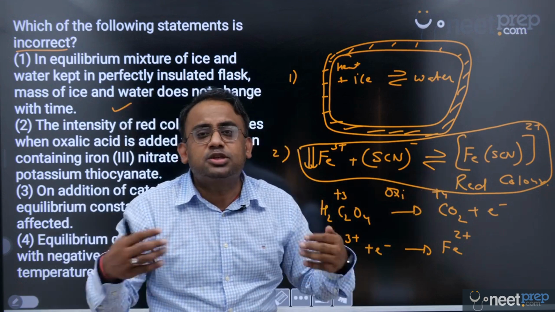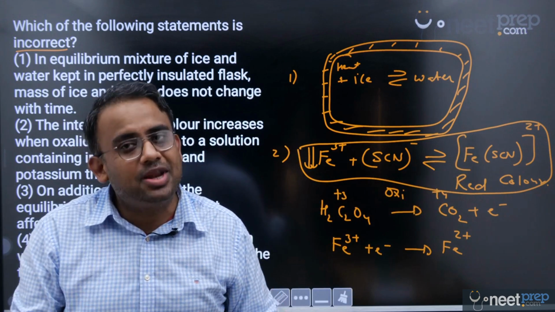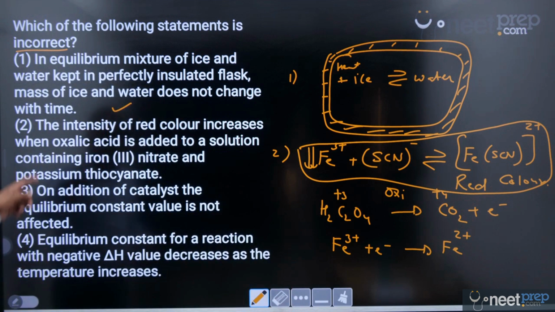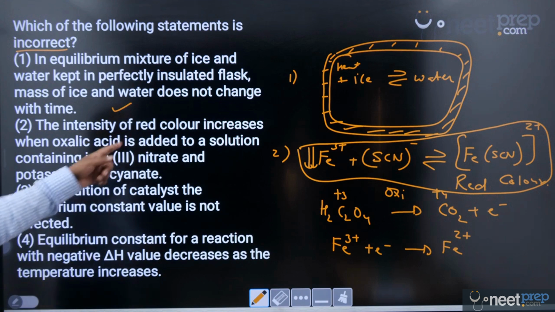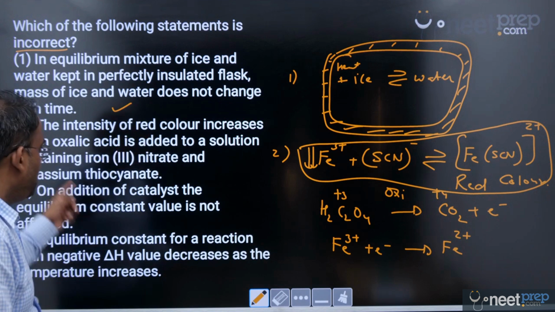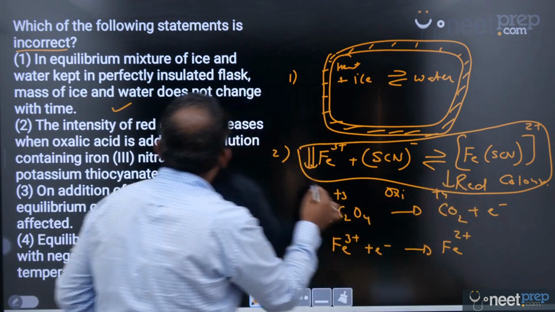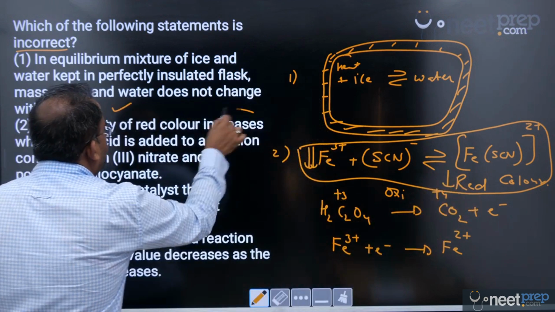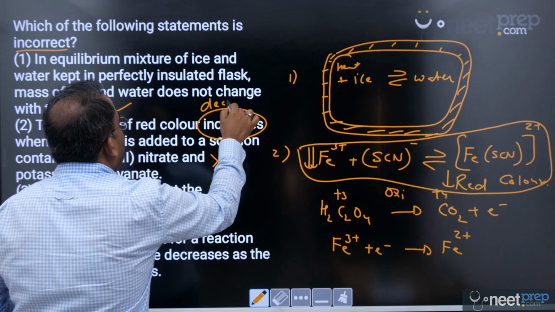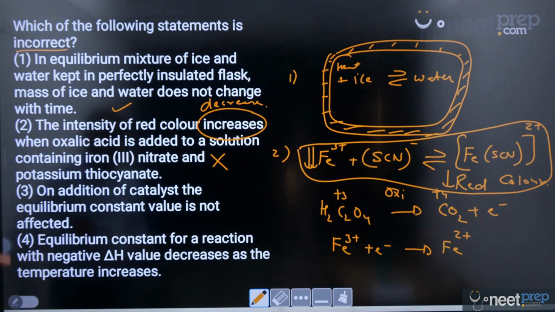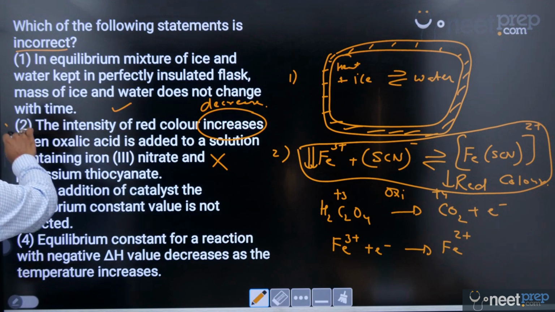The red color will slowly start fading away. Now, on addition of oxalic acid, does the intensity of red color increase? No, it decreases. So this statement is incorrect. This statement should have said decrease if it were to be correct. So this is my correct option.